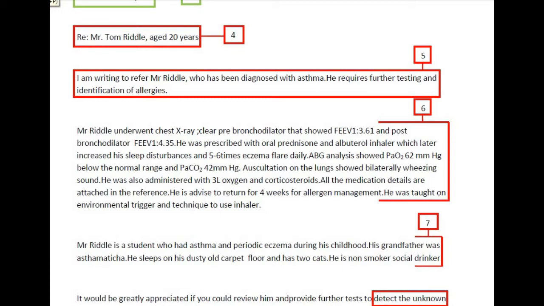Coming to the second paragraph, the writer has explained each and every detail of the treatment he obtained during his hospital stay. But if you look at this information closely, all this information such as Mr. Riddle underwent chest X-ray, pre-bronchodilator that showed FEV1 3.61 and post-bronchodilator and so on, is not needed to be known for an allergen tester because these are the treatments when the patient was admitted in the hospital where they managed well and he recovered.